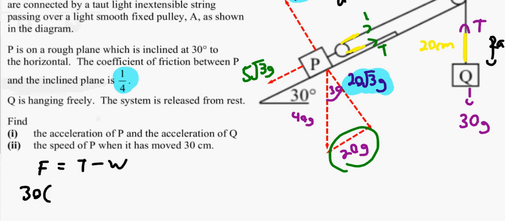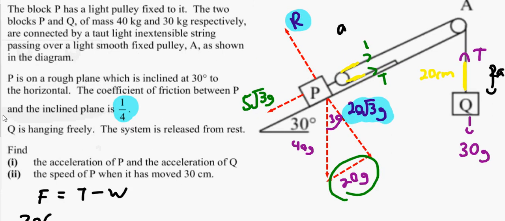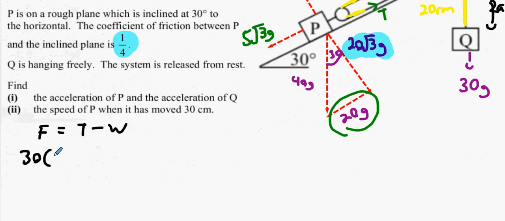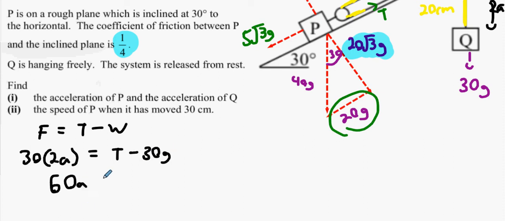I just want to make sure I'm definitely right with this. It's 30 kilograms and 40 kilograms respectively, right? So 30 times what? 2A equals, and T is just T, and that's 30g. And now we have 60A equals T minus 30g.